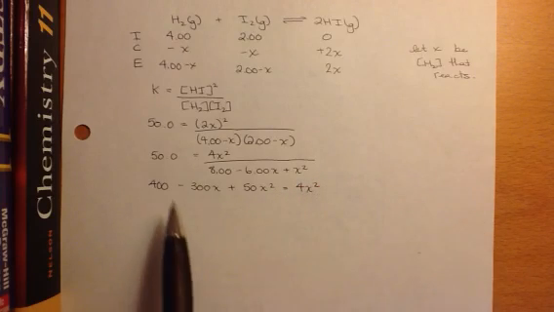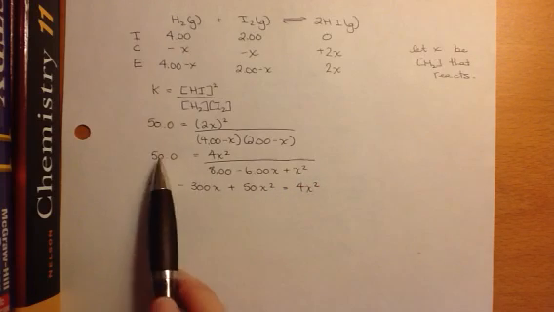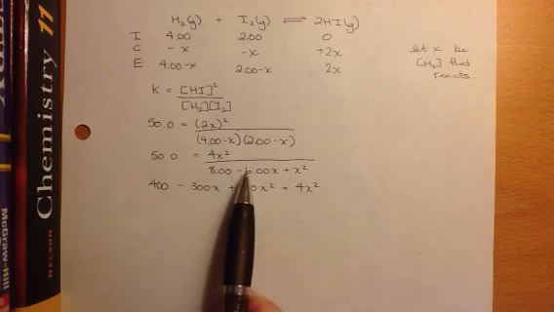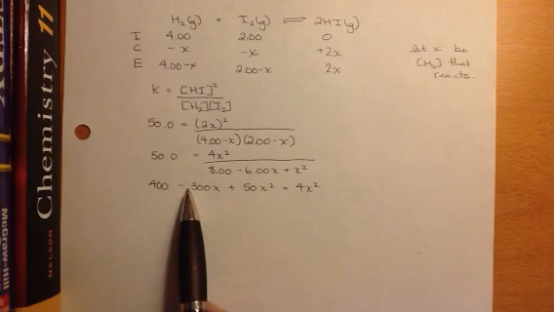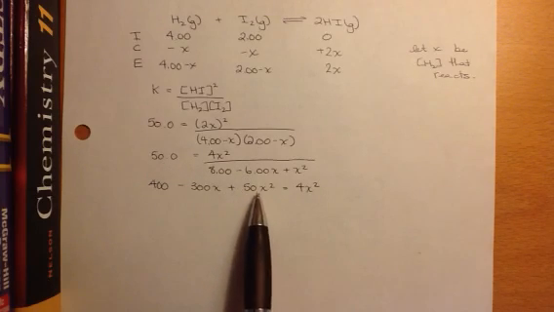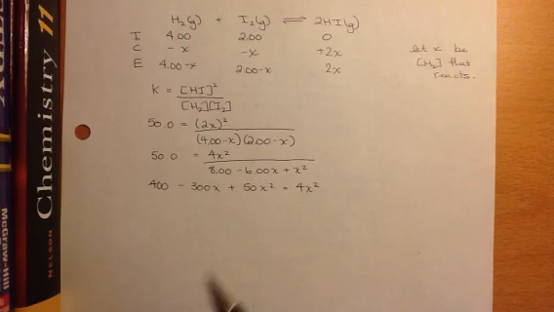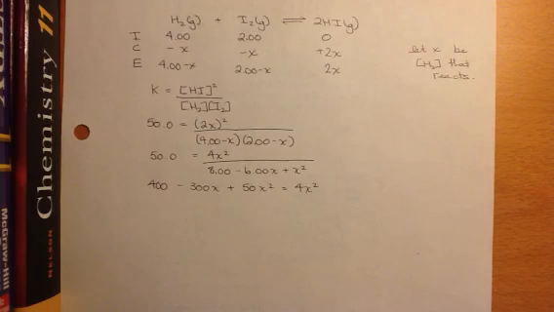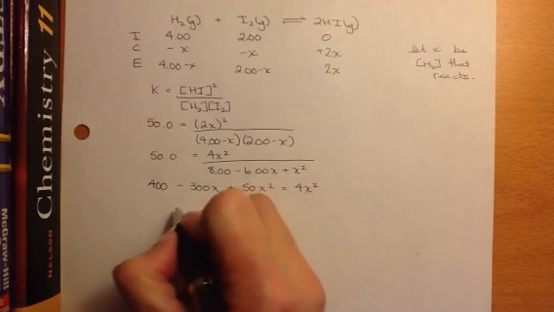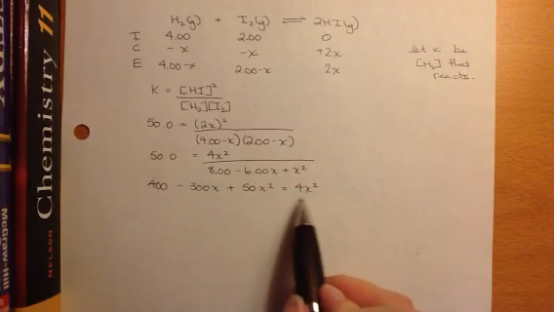So we have 8 times 50 is 400, 6 times 50 is minus 300 because it's a minus 6, and 50 times x squared, so we get 50x squared. And we still have our 4x squared on the other side. Now we want to get it into the appropriate format so we can solve the quadratic equation. So let's collect up the x values.